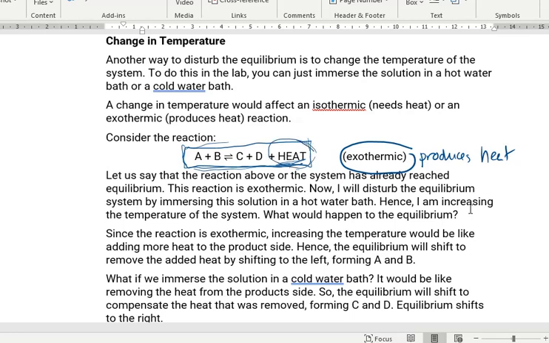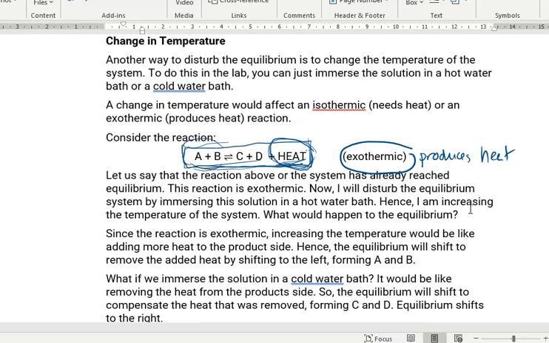So, based on Le Chatelier's Principle, it has to counteract the added disturbance. So, if I added more heat, the equilibrium should shift to use up the added heat, which is to shift to the right, to form A and B.